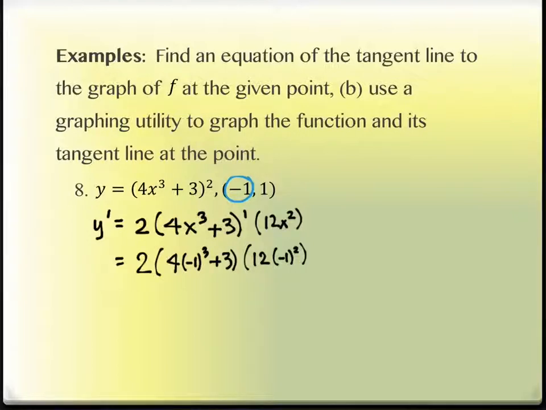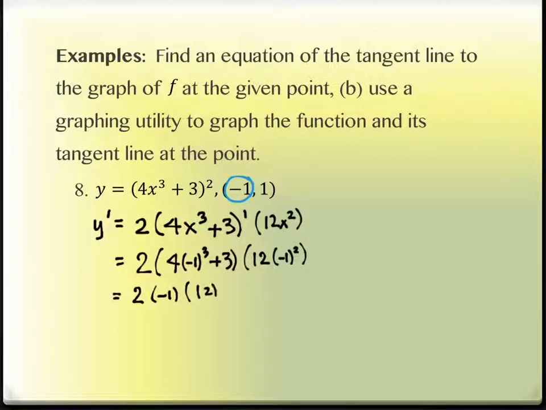Okay, so I'll clean up just a little bit as we go. I'm going to leave the 2 here for the moment. -1 cubed would be -1 times 4 is -4 plus my 3 is -1. And then on the end, I have -1 squared. So that's 1 times my 12.